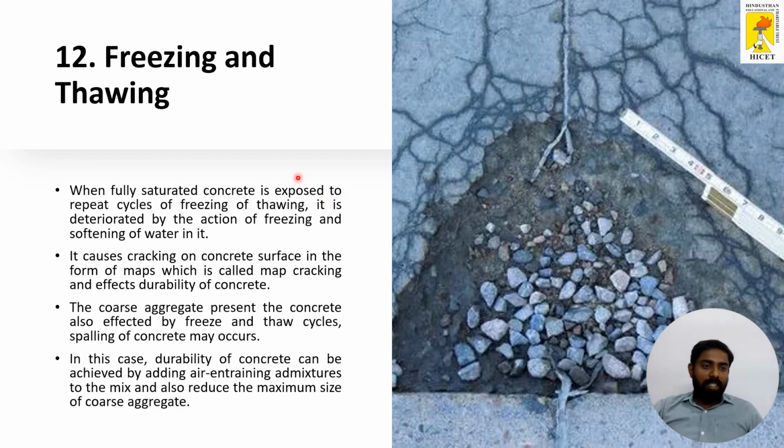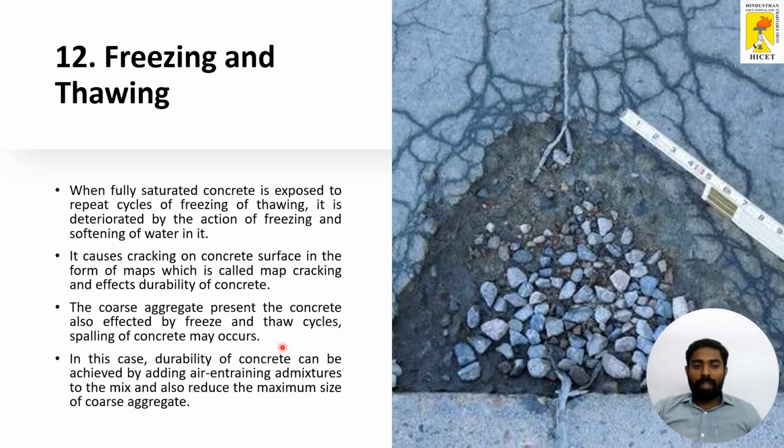Next one is the freezing and thawing cycles of the concrete. When fully saturated concrete is exposed to repeated cycles of freezing and thawing, it deteriorates by the action of the freezing and softening of the water in it. It causes cracking on the concrete surface in the form of a map, which is called map cracking, and affects the durability of the concrete.